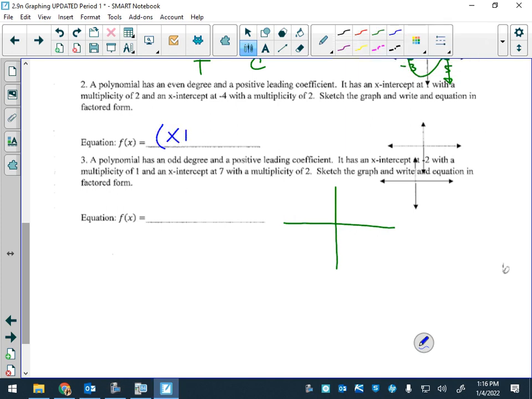Good. And again, it doesn't matter what order your factors are in. Okay, if you had x minus 1 squared, and then x plus 4 squared, you're still good. Still a positive leading coefficient. What is happening at negative 4? Touch or cross? Sawyer. At 1.